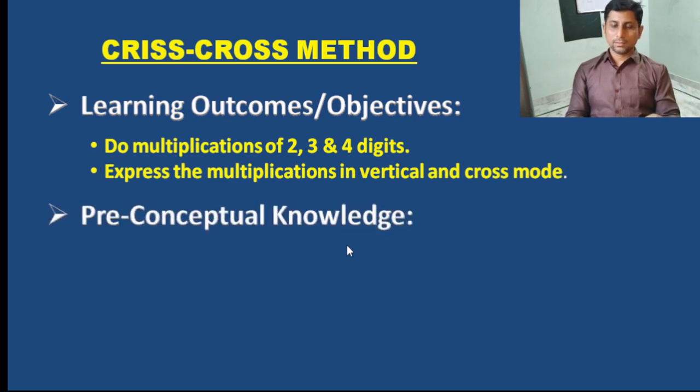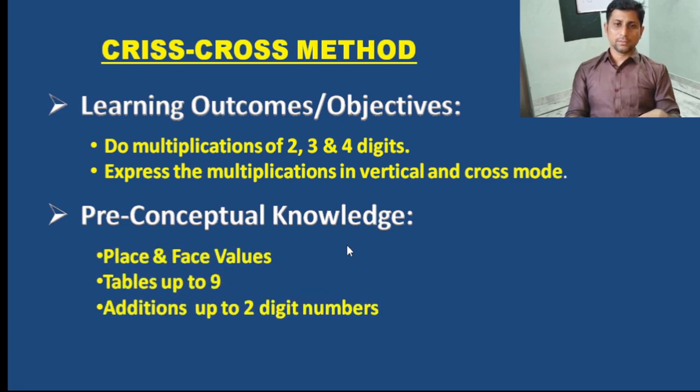Then again think about the pre-conceptual knowledge. As I told previously, for each and every topic there should be a pre-conceptual requirement for a student. For this topic, students should know place and face values, that is one thing. The second thing is tables up to 9.